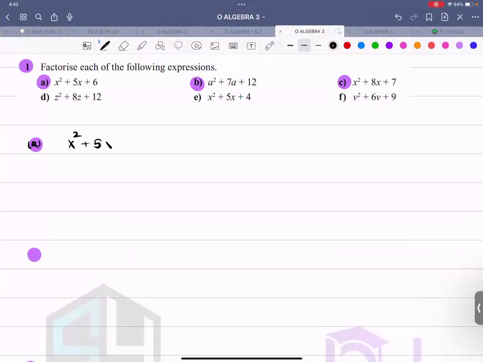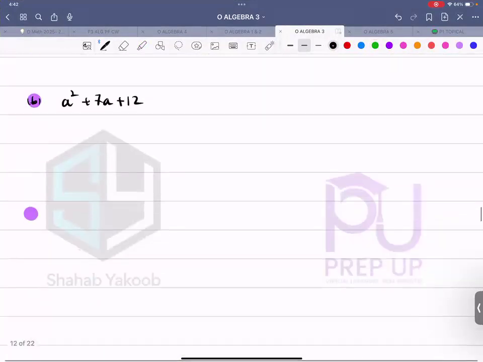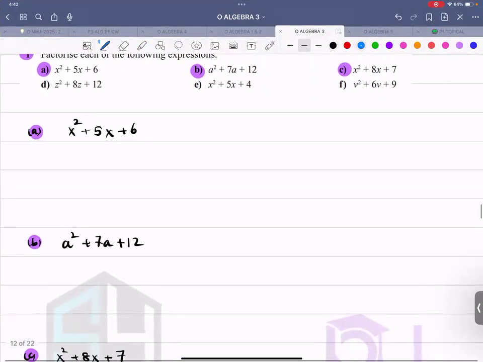First of all, let me write down each question. x squared plus 5x plus 6. The other one is a squared plus 7a plus 12. This is part B. And the third one, x squared plus 8x plus 7. First one, 1 into 6 is 6.